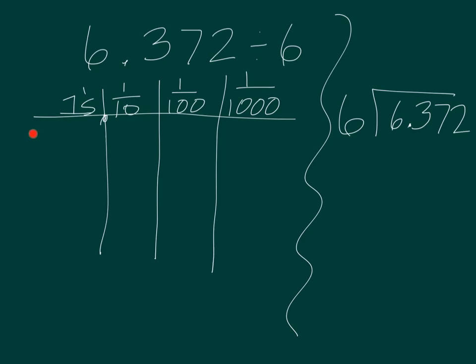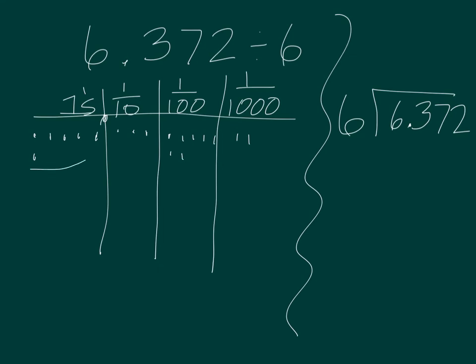I have 6 ones, 1, 2, 3, 4, 5, 6, 3 tenths, 1, 2, 3, 7 hundredths, 1, 2, 3, 4, 5, 6, 7, and 2 thousandths, 1, 2. Okay, how many groups of 6 can I make?